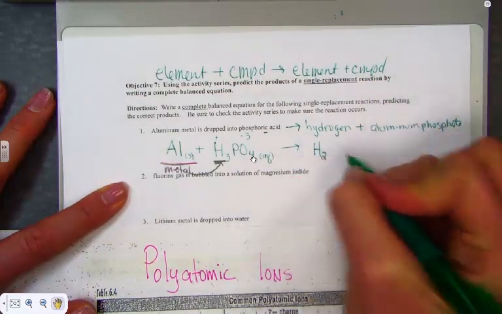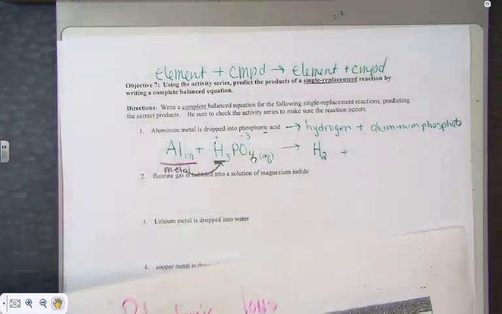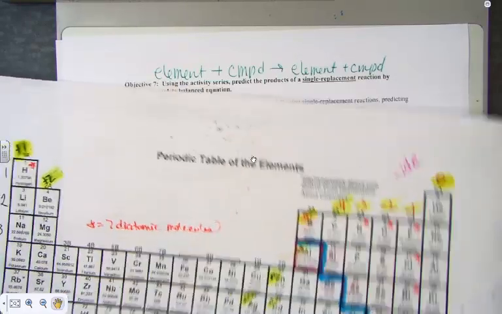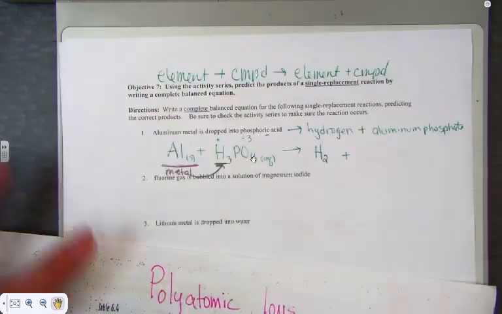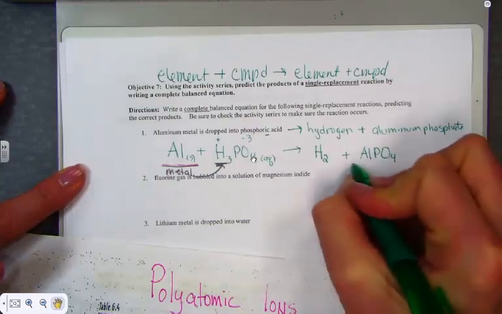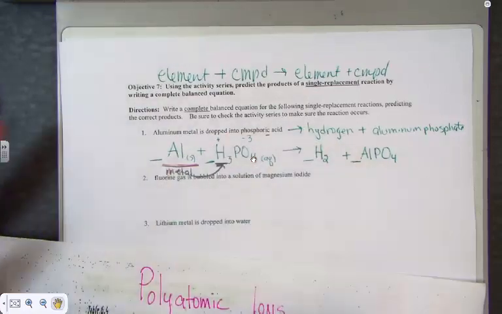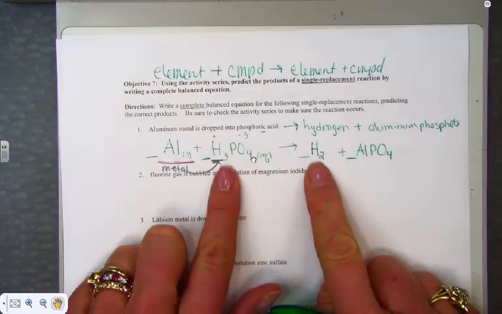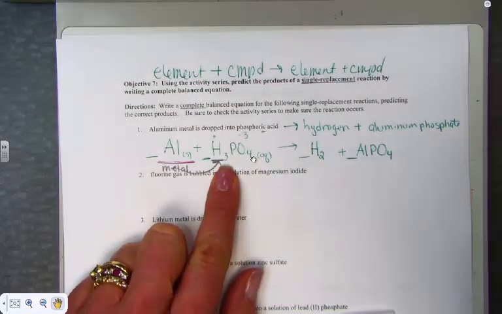Elemental hydrogen, of course, is diatomic, H2. And aluminum phosphate. Remember, when aluminum hooks, it hooks with a +3 charge. When it hooks to the polyatomic phosphate, it's a -3 charge. We get an electrically neutral compound, AlPO4. Then we go back to balance. 2 hydrogens on the right, 3 on the left. It's the old double the odd number trick.